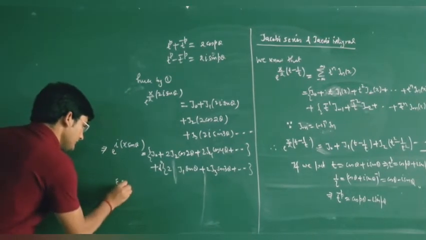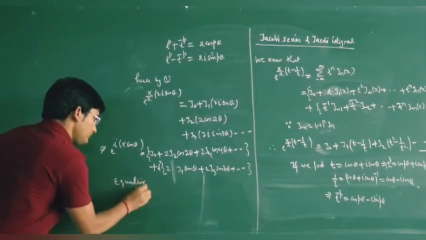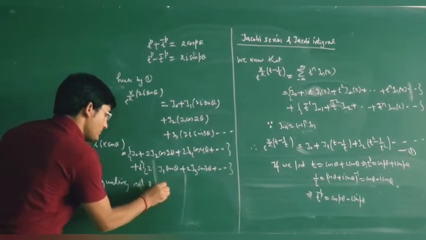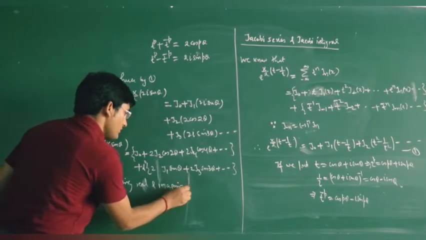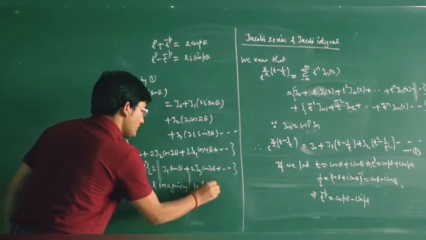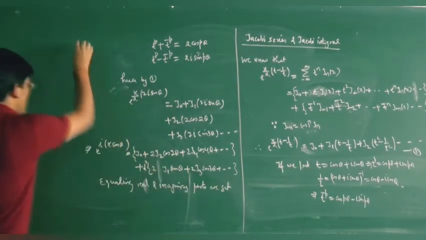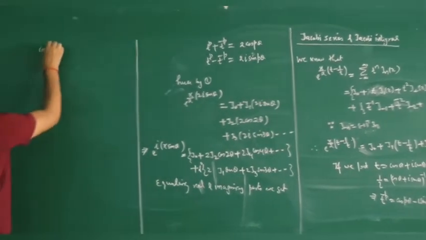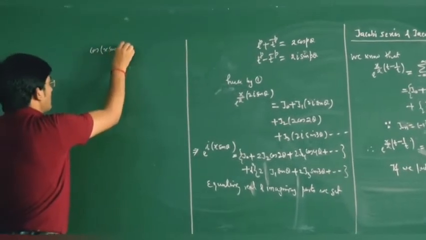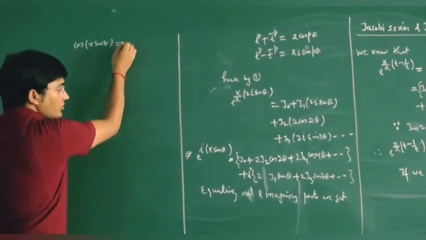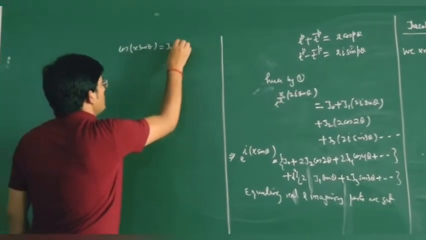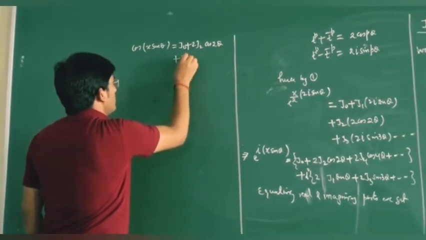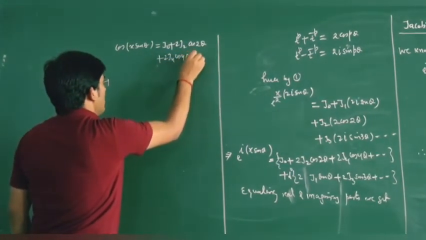So equating real and imaginary parts, if you equate them, then your real part will be cos of x sin theta, and this will be J0 plus 2J2 cos 2 theta plus 2J4 cos 4 theta, and so on.